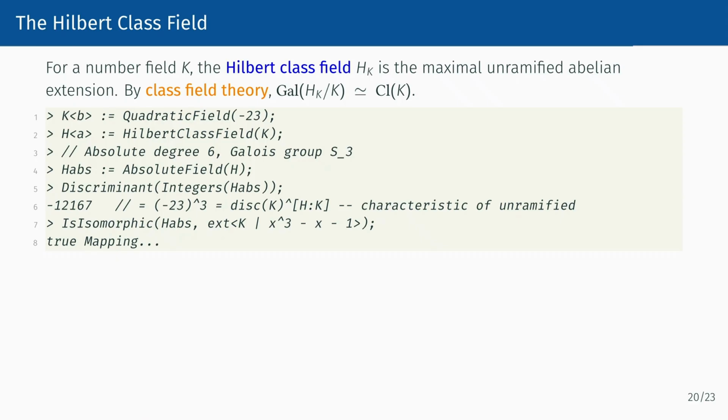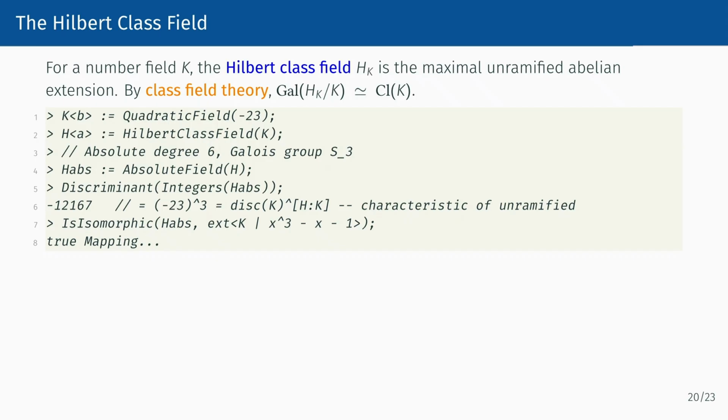So for example, if you start with just Q, the rational numbers, there is no unramified extension of Q. That's an interesting fact. It might seem trivial, but it is interesting. And so Q is just the Hilbert class field of itself. But if you're looking at, say, Q(square root 5), then suddenly there is an unramified abelian extension of Q(square root 5).